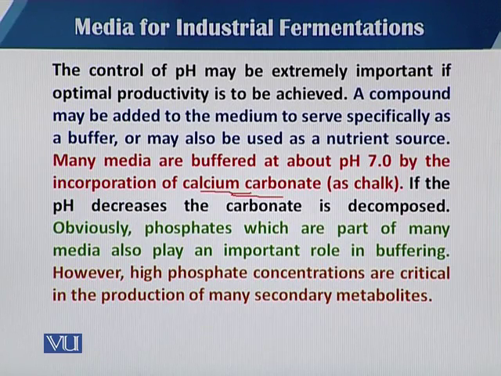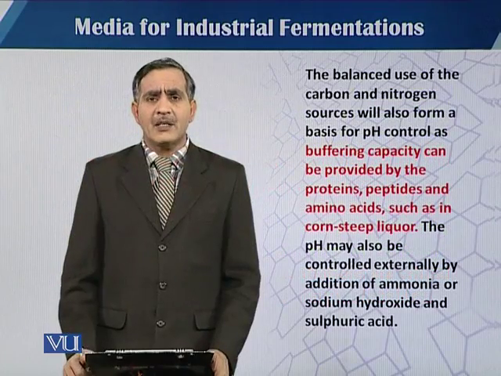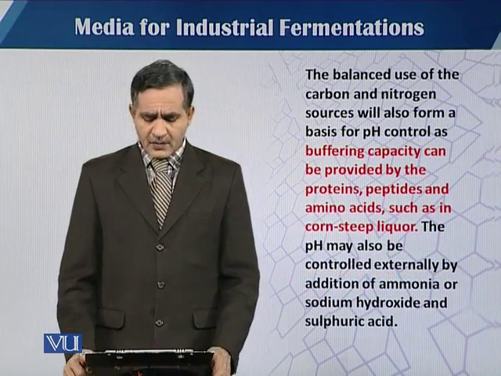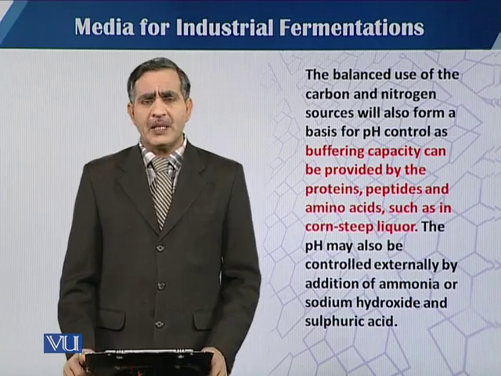We know that phosphate compounds are mostly used in the production of secondary metabolites. The balanced use of carbon and nitrogen sources will also depend on the pH.